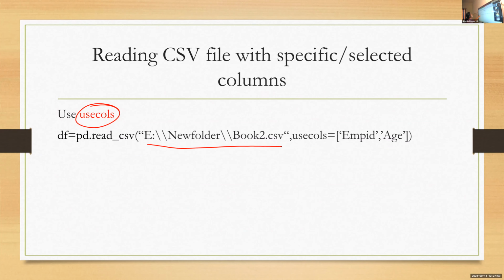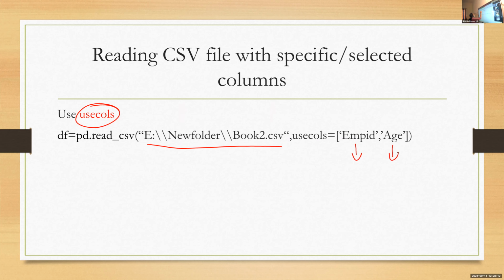Okay. So first you write the location of that CSV file. Here the location is new folder book2.csv. After that, use the keyword usecols. It is for selecting particular columns from a CSV file. I want to display EMP-ID and age.